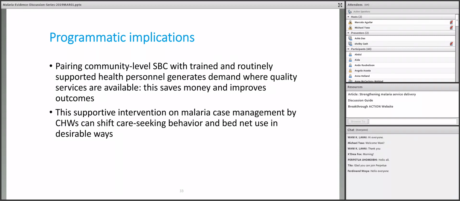So if you remember the pie charts towards the end, we could see a shift in people's care seeking from informal to more formal, or untrained to trained providers.